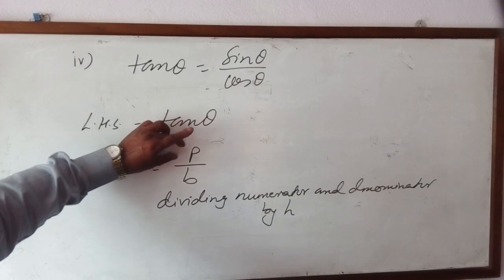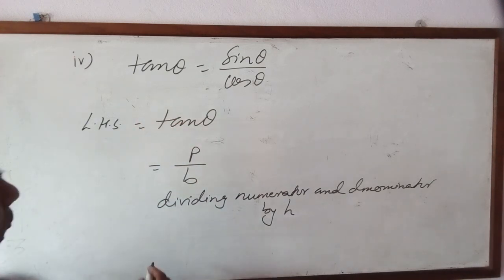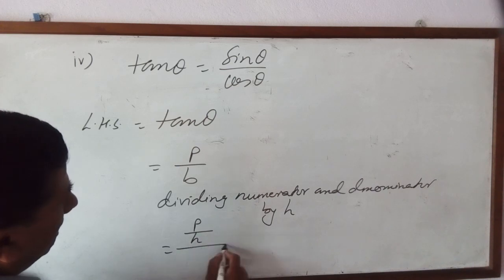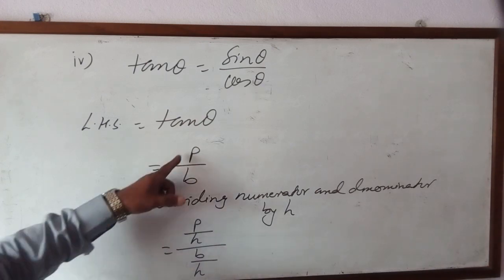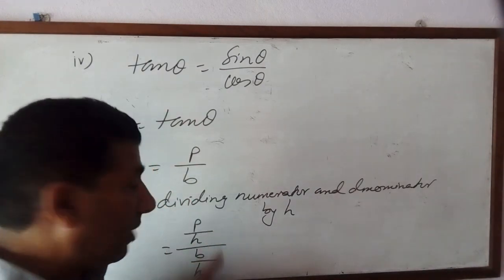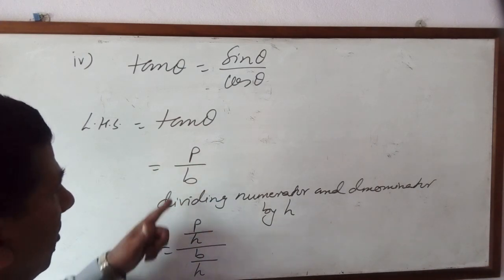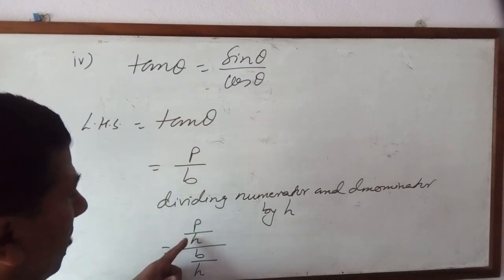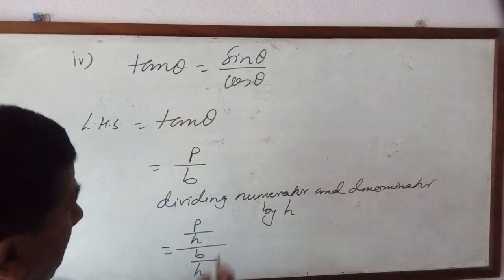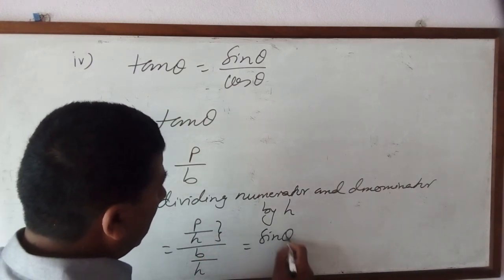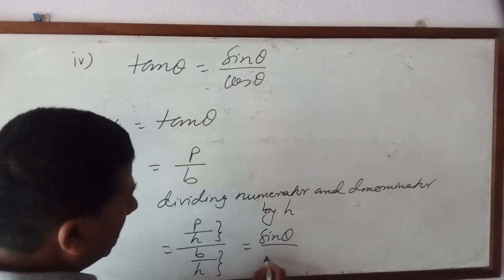We can divide numerator and denominator both by the same quantity. Then it will be p divided by h, b divided by h. Then p by h means sin theta, and b by h means cos theta.